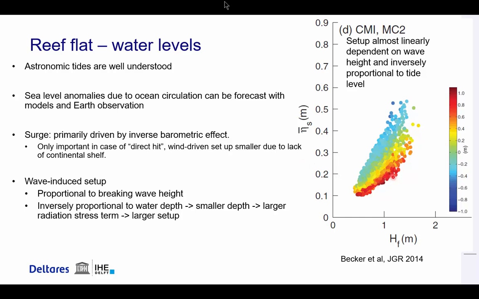So the smaller the water depth, the bluer colors, the larger the wave setup. And this is because in a smaller depth, the radiation stress term is larger, causing larger setup. So if you have small offshore water levels and waves breaking on the reef, you have a little bit larger wave setup.